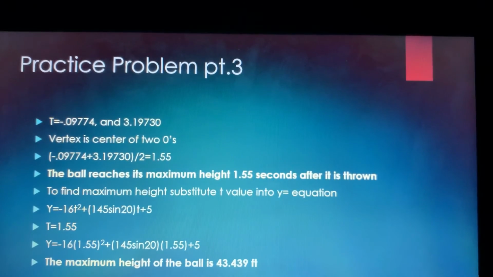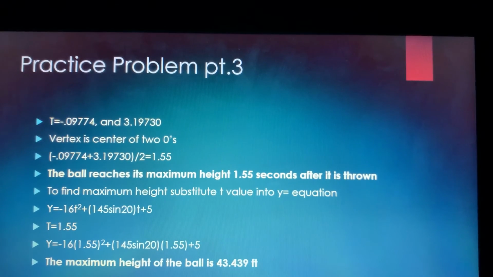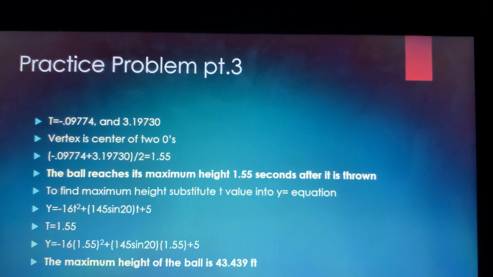So the vertex we know is the center of the two zeros. Look at that, we just found the two zeros. They are negative 0.09774 and 3.19730. We want to find the average, so we add them and divide by 2. We get 1.55. So the ball reaches its maximum height 1.55 seconds after it is thrown.